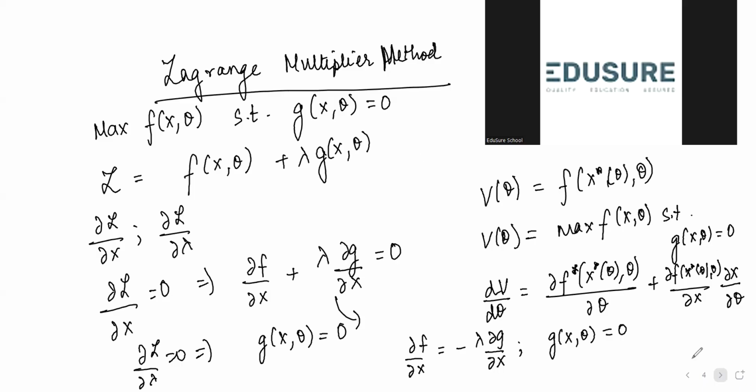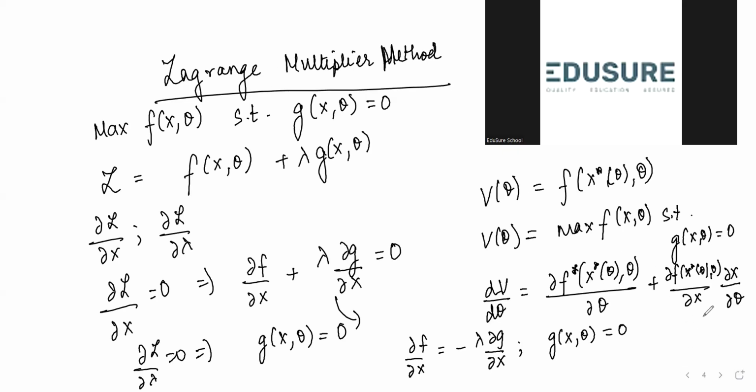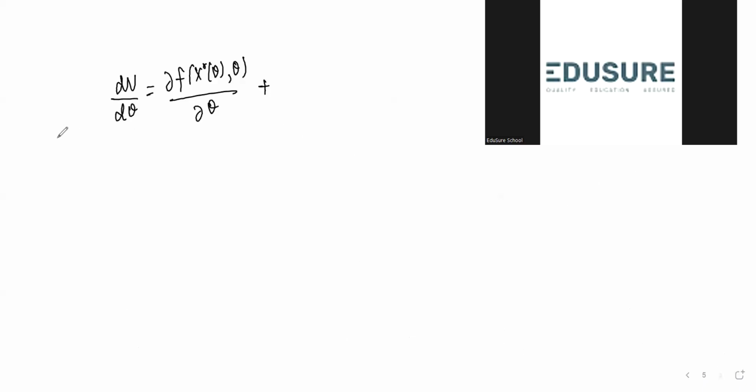So let's take all this information on the next page. Del f del x that we had here is basically minus lambda del g del x. So this is del x del theta.